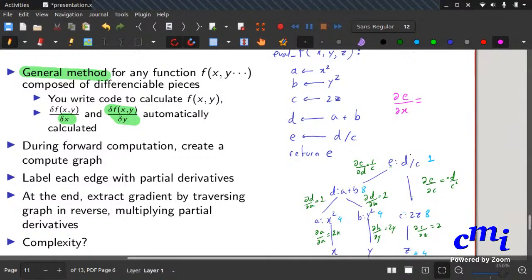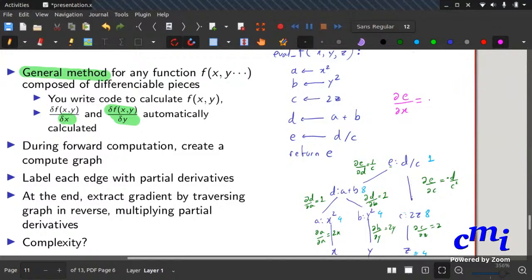So we can look at e as a function of x. It is some complicated thing, but it is really a composition of two functions, right? One function takes d and c as input and produces e as output, and then for each one of them you're plugging in some simpler function, right?